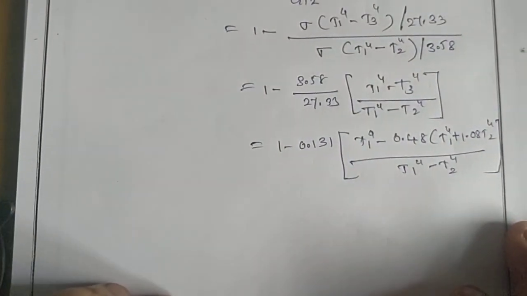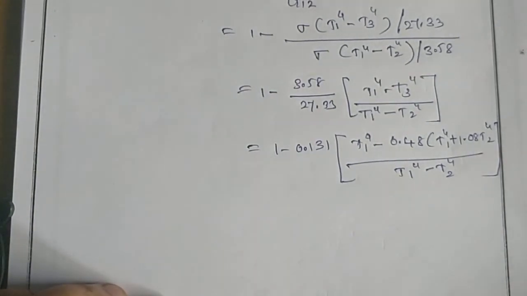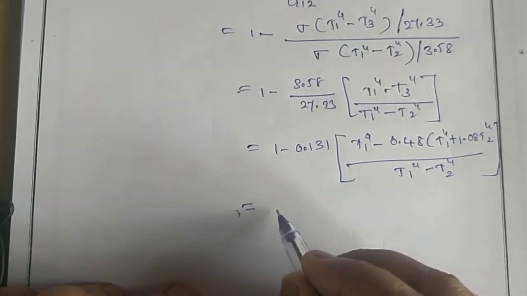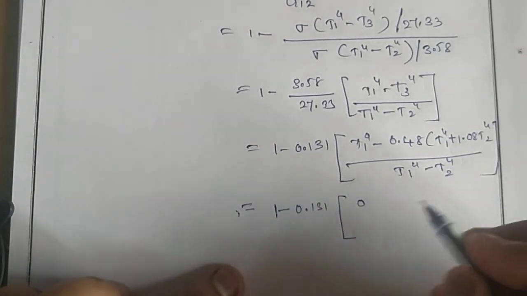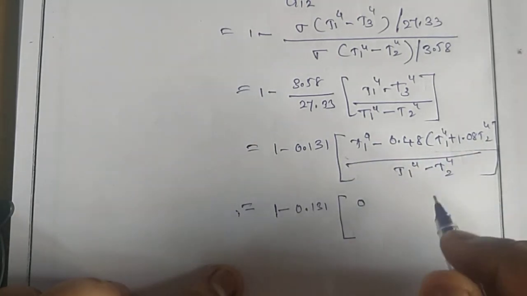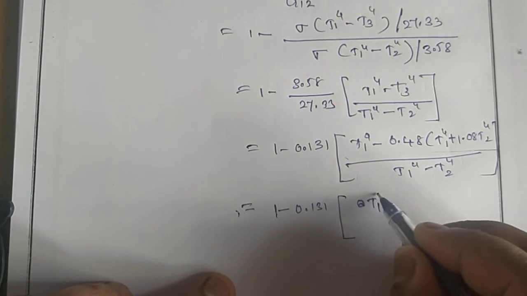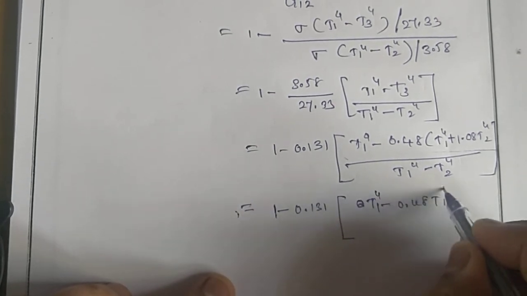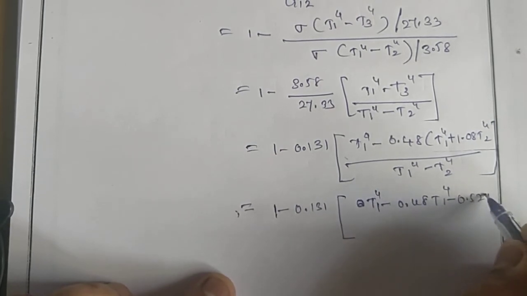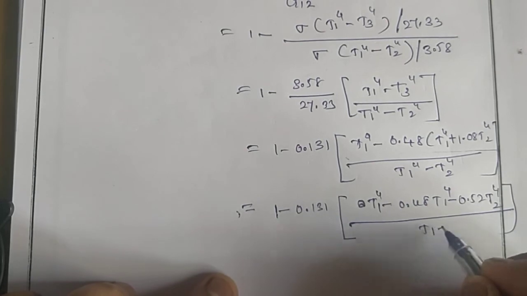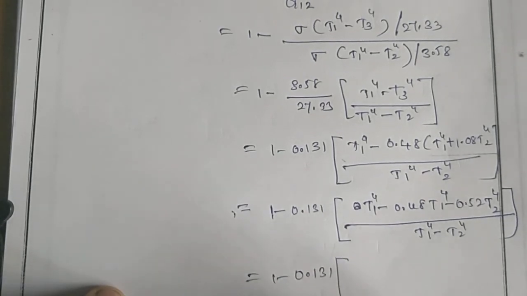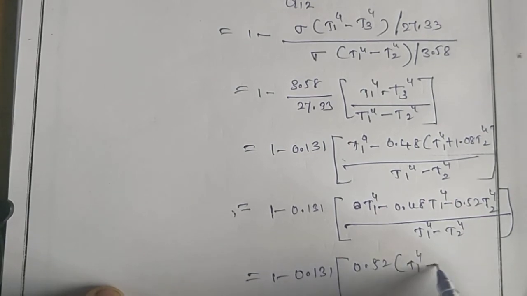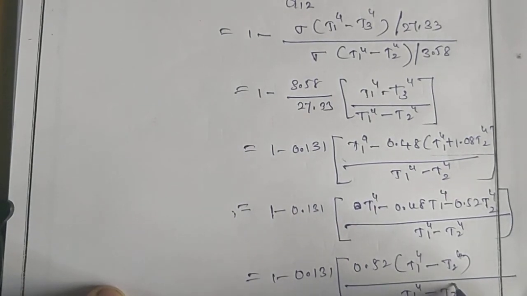Once you find all the values in a simple manner, substitute the temperature values and simplify: 1 minus 0.131 times 0.52 T1 to the power of 4 minus T2 to the power of 4, divided by T1 to the power of 4 minus T2 to the power of 4.